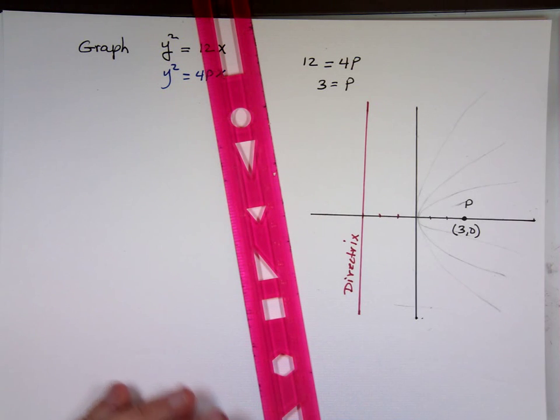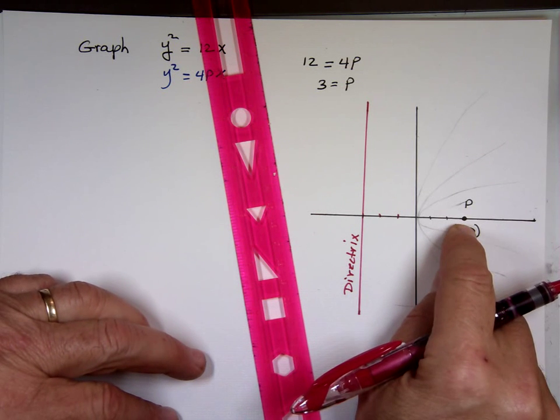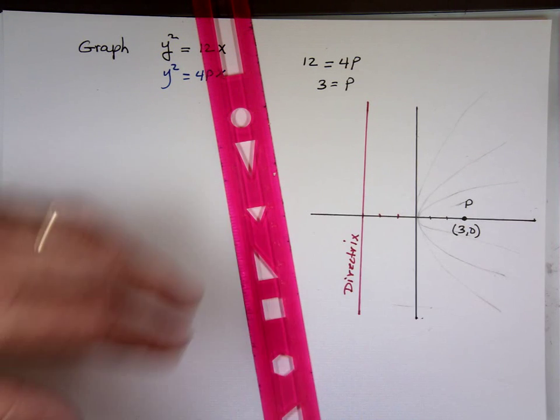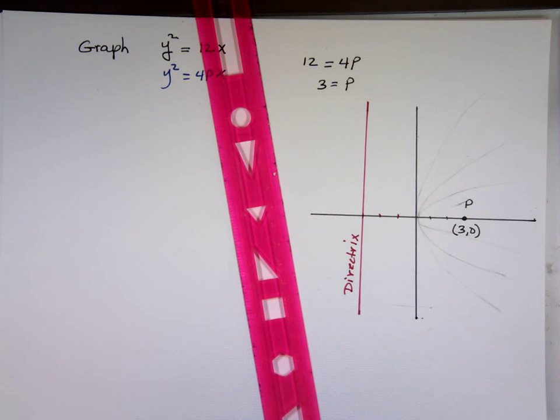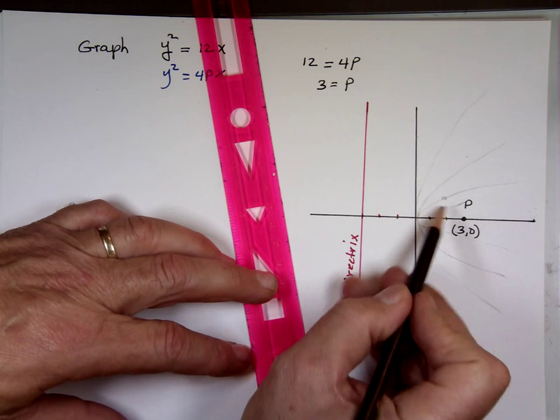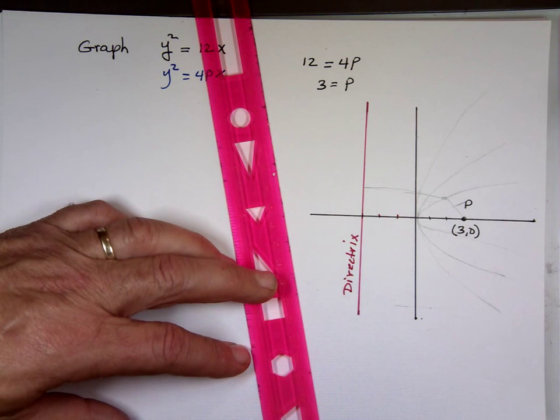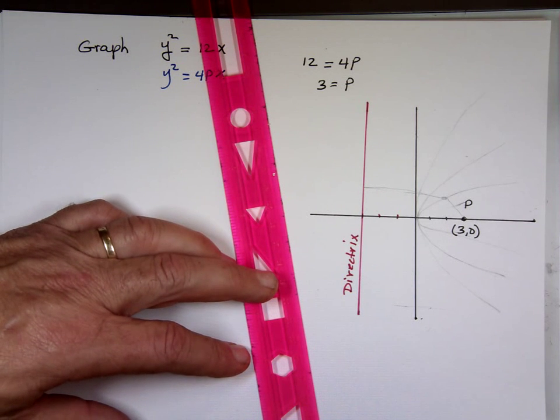Now remember what I said. If you pick any point on the graph, the distance to the focal point P should be the same as this. Well, you can still see the smudge up there, right? If I chose the first graph here and pick this point, is that distance the same as this? Not even close.